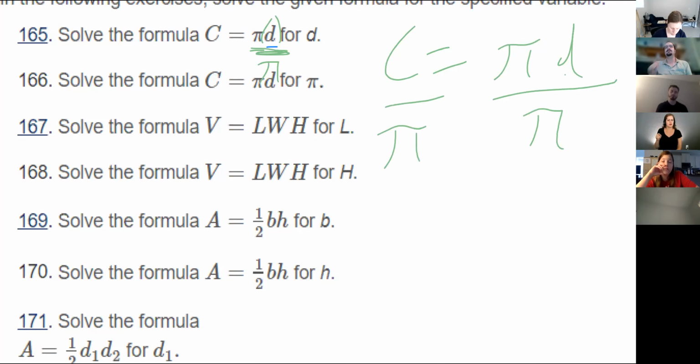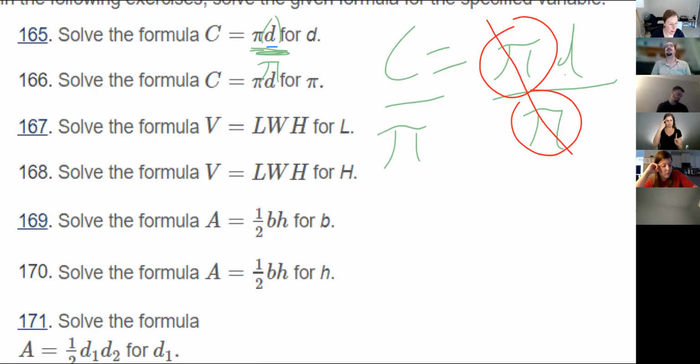It's pi times d, and then we take c and we divide c by pi. And we see these two pi's. Is there something I can do there? Cross them out.